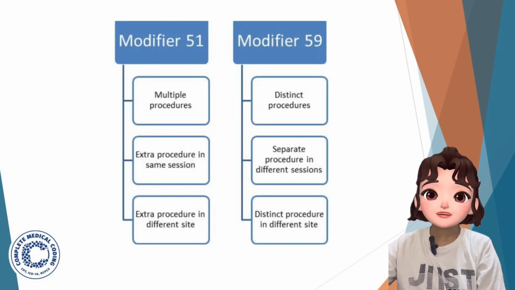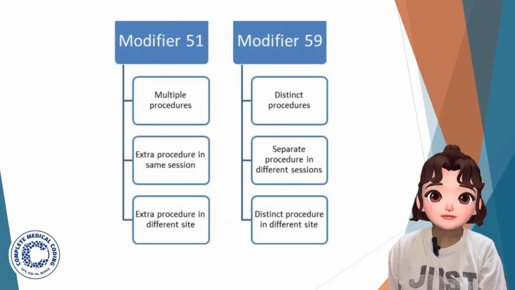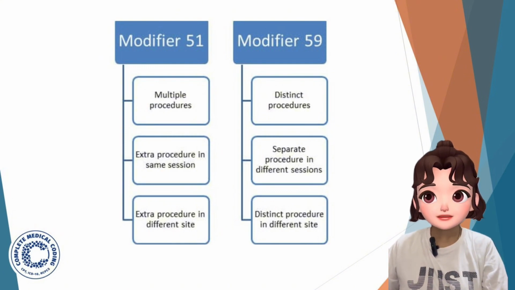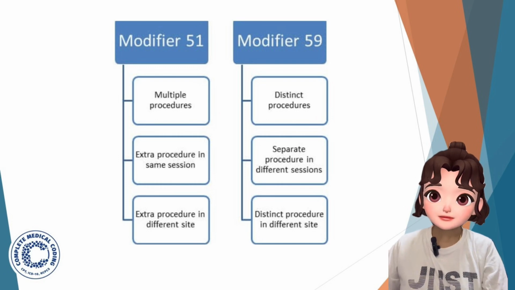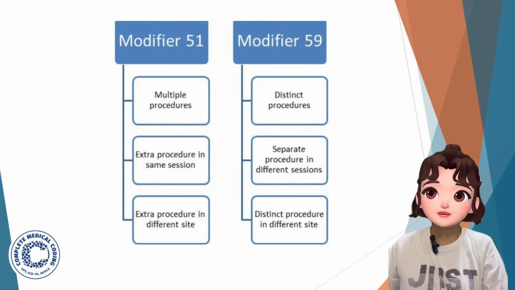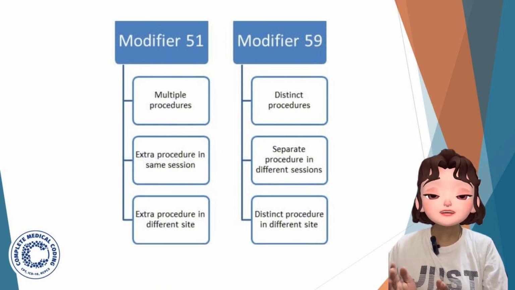Now, let's have a comparison between modifier 51 and 59. The 51 modifier represents multiple procedures, whereas the 59 modifier represents distinct procedures. The 51 modifier is an extra procedure in the same session, whereas the 59 modifier is a separate procedure in different sessions.